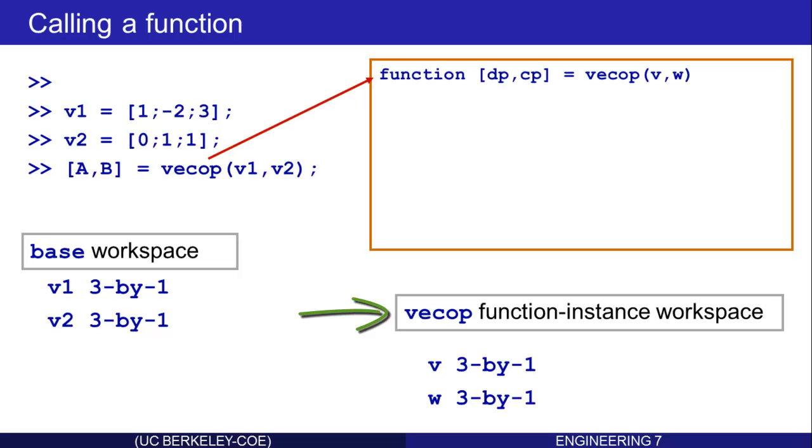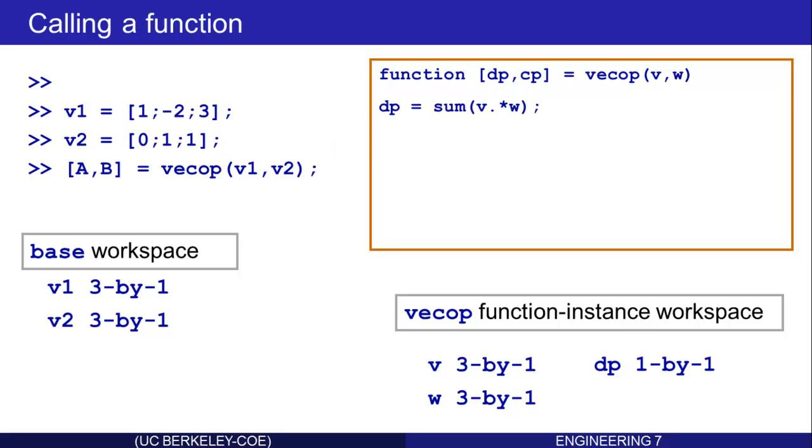Notice that a vecop function instance workspace is created, and the arguments from the base workspace, v1 and v2, are passed into this function instance workspace, and they appear as the input arguments in the function declaration line, v and w. Now this function starts executing.